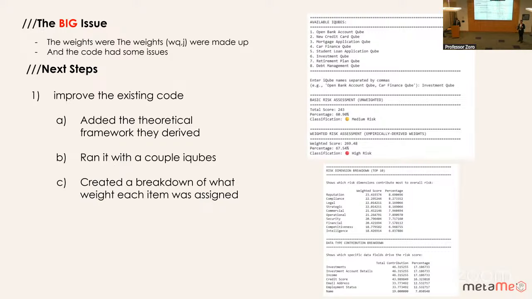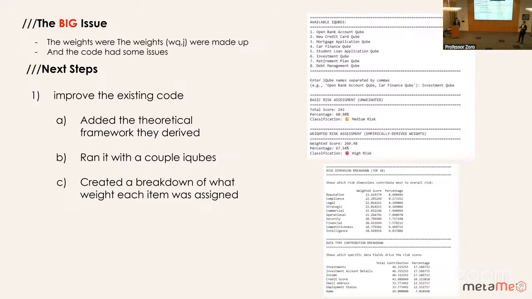But the big issue when we started was that the way they assigned weights was kind of by judgment. There was no code set in place, no proper way of assigning those weights. So as a temporary measure, we put a system in place in Python which counts the number of highs in your cube.